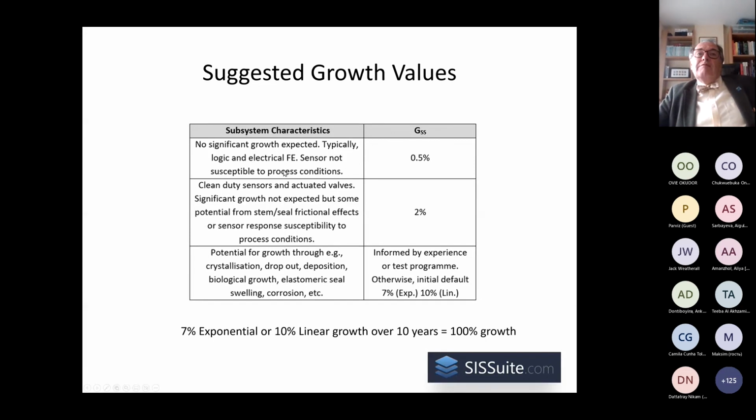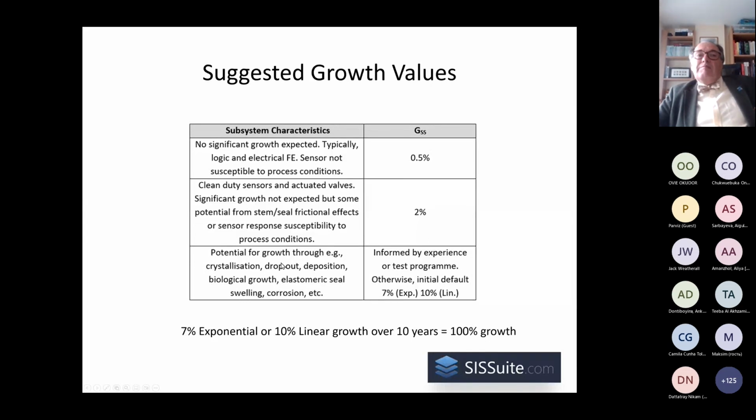So this is where there's no expectation of significant growth. If the duty is clean, non-fouling, a relatively benign duty, then we might nominate a very low figure, 0.5%. If it's a relatively clean duty, so significant growth not expected from fouling effects, but there could be stem, steel, frictional effects, etc., a nominal 2%.